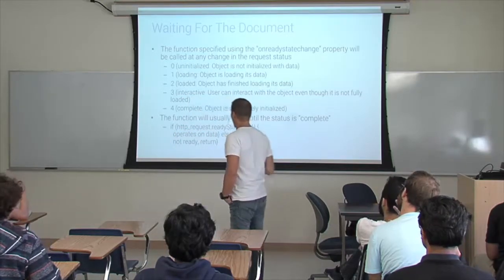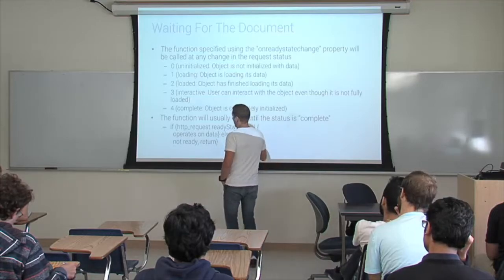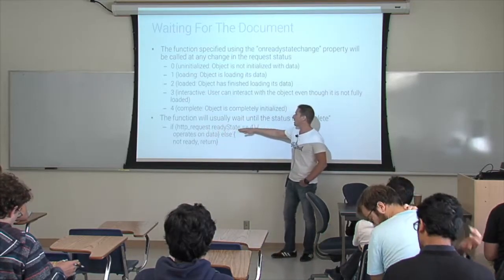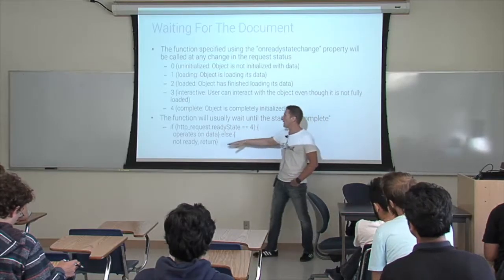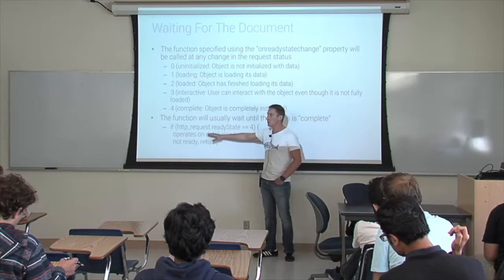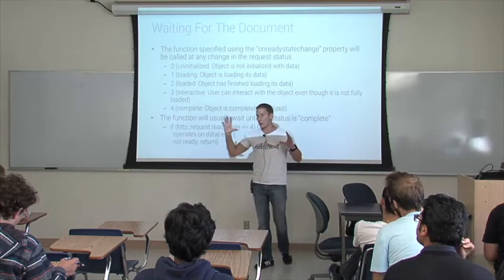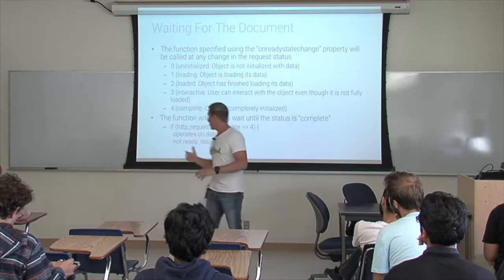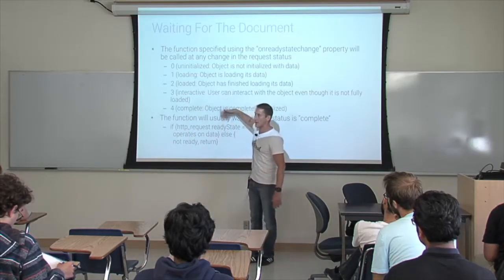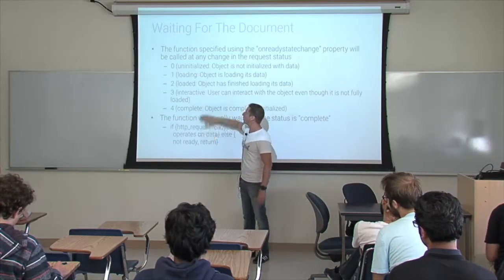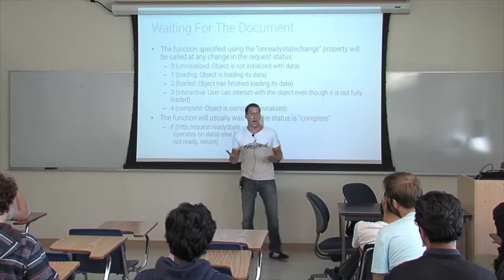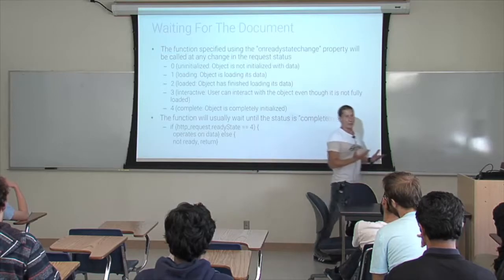So your code could say, if your readyState is equal to 4, then I received all my data, so do something, create the message window with the message you just retrieved. Otherwise, just skip and wait for the next one. So this code will be called with 0, with 1, with 2, with 3, and then once the object is complete, you will execute your code.